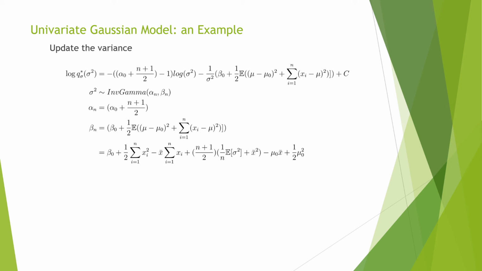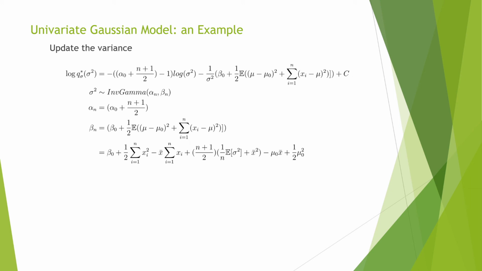The result is that the variational density for sigma also follows an inverse gamma distribution, the same as its prior, with the updated parameters alpha n and beta n, which we can explicitly calculate from the priors and from the data. This basically wraps up the specific derivation on the application of variational inference to this simple example.